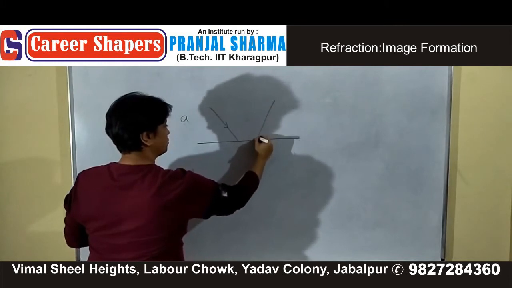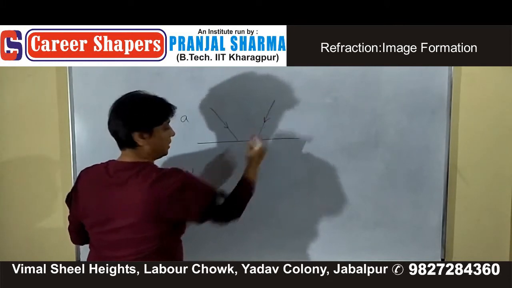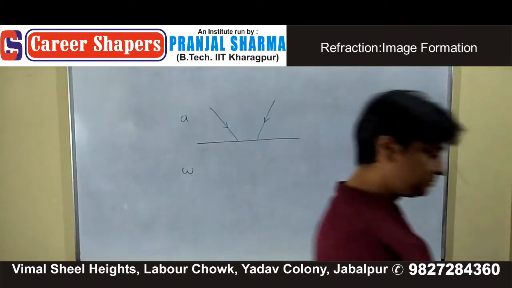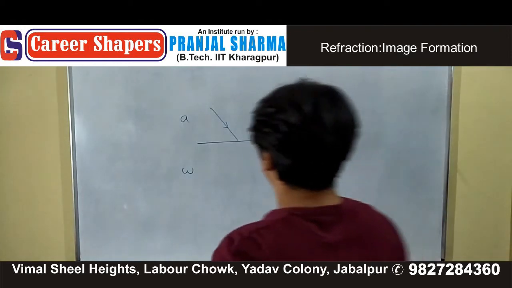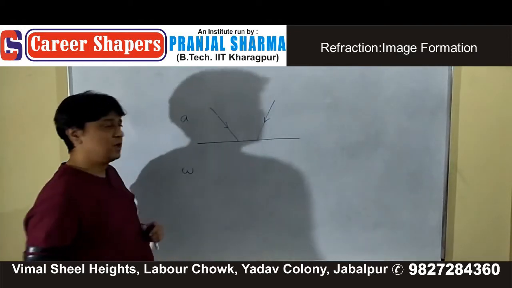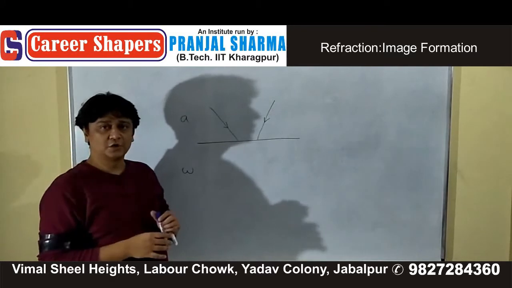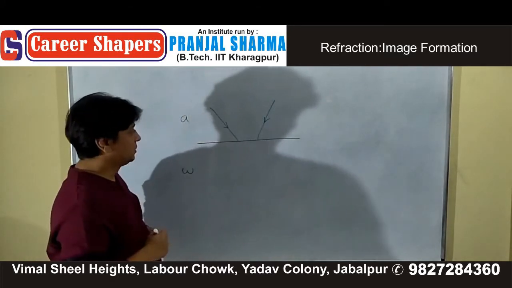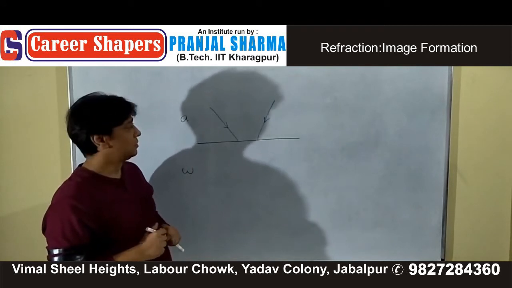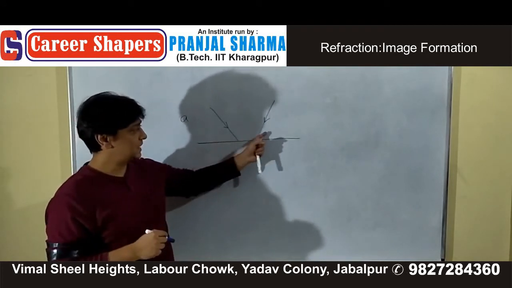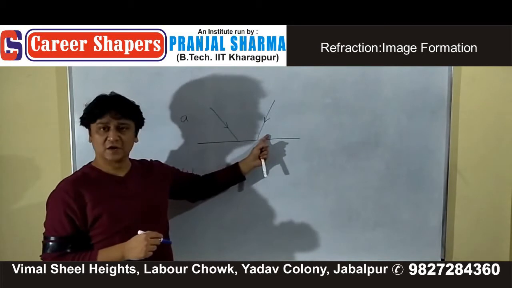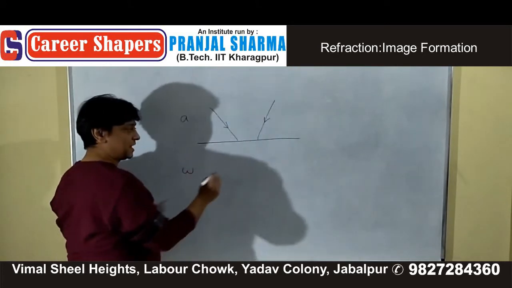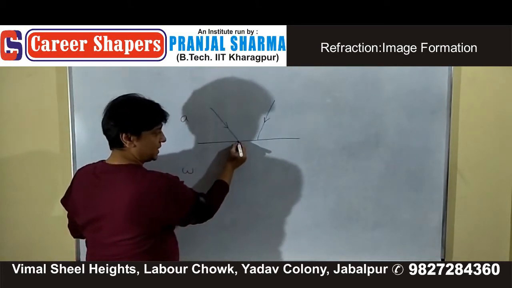These two are your incident rays. And these are incident rays. Then if I ask you where is the object, then you will go for intersection of these two incident rays, and that intersection will take place here.